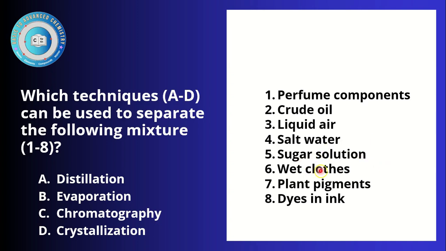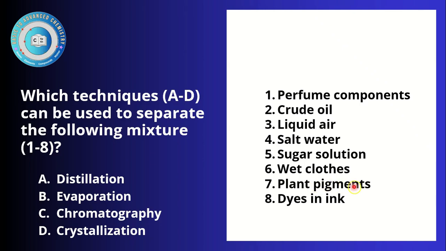Wet clothes. When we wash our clothes, we put the clothes in the sun to evaporate the water from the clothes. This is evaporation. Plant pigment. The pigments may have different polarities, different sizes, different solubilities.